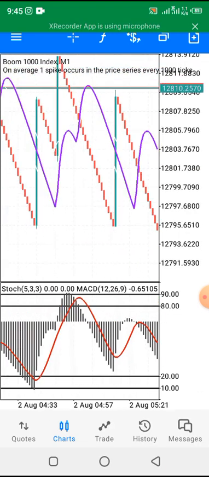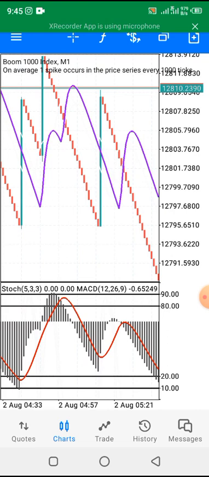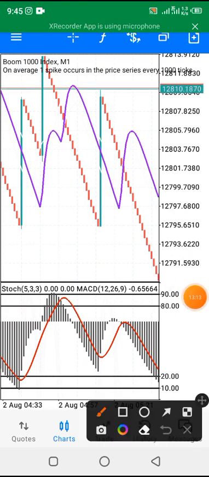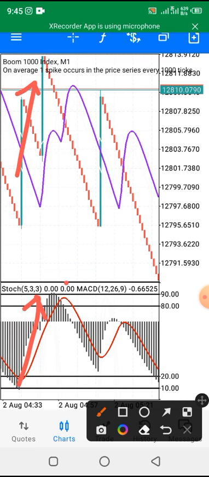Look here again, guys. You can see again there were spikes to the upside, making the price overbought. And you can see how it played out here. The MACD touched the stochastic 90 region, right? So you just don't sell from here.